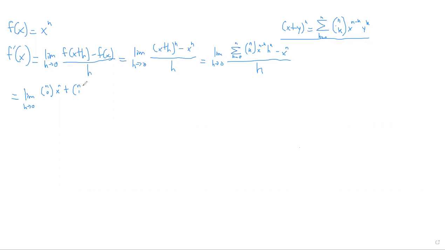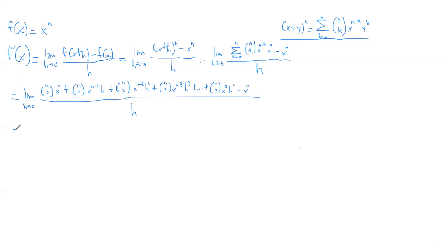Plus n choose 1 x^(n-1) h, because h to the power of 1 is just h, plus n choose 2 x^(n-2) h squared, plus n choose 3 x^(n-3) h cubed, plus so on and so forth for the rest of them, plus the last term in the binomial expansion, x^0 h^n, minus x^n, all over h.